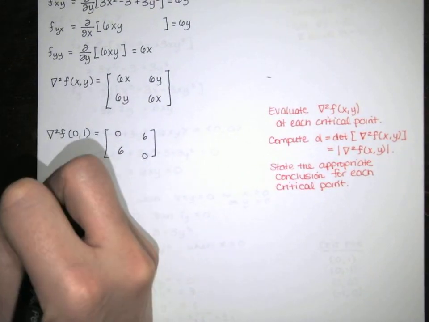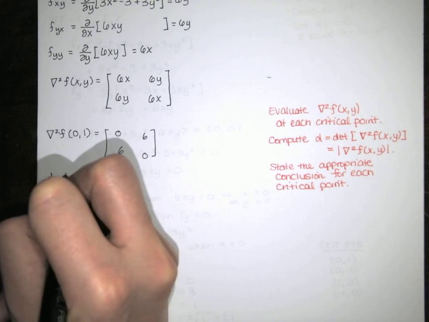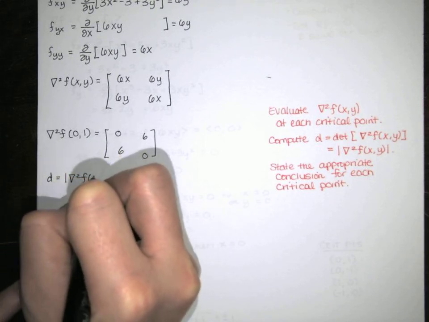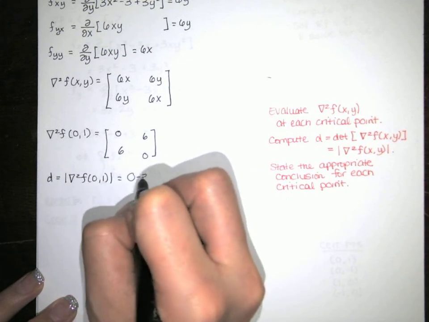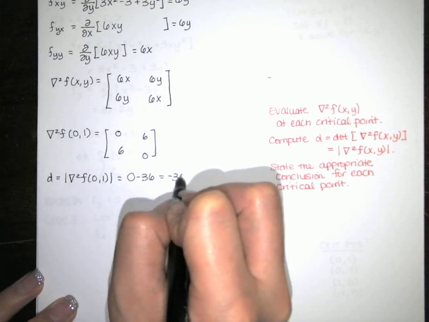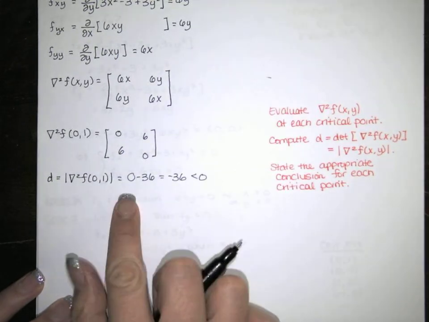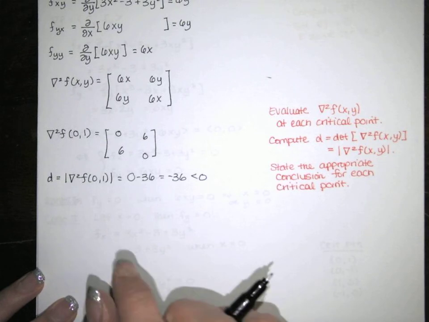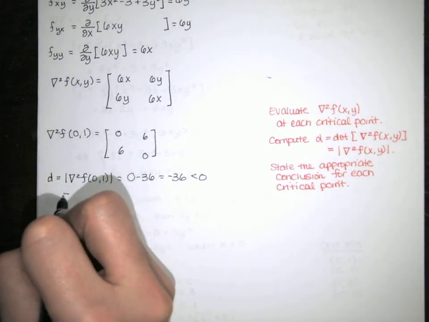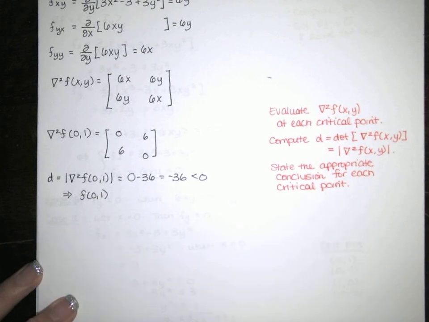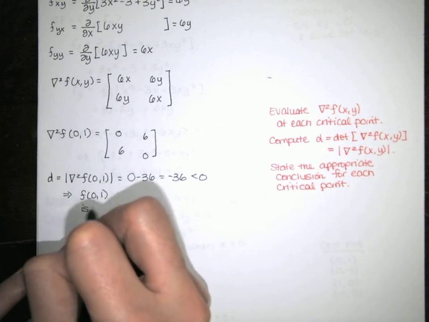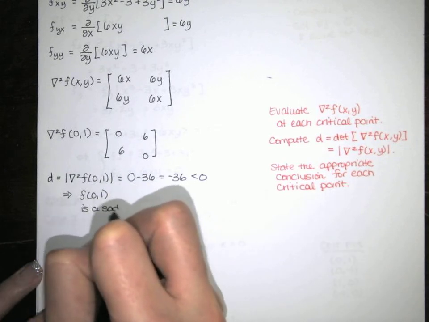Well, then the determinant of that is 0 minus 36. So you get negative 36. Whenever D is negative, that means you're at a saddle point. So f of 0, 1 is a saddle point.